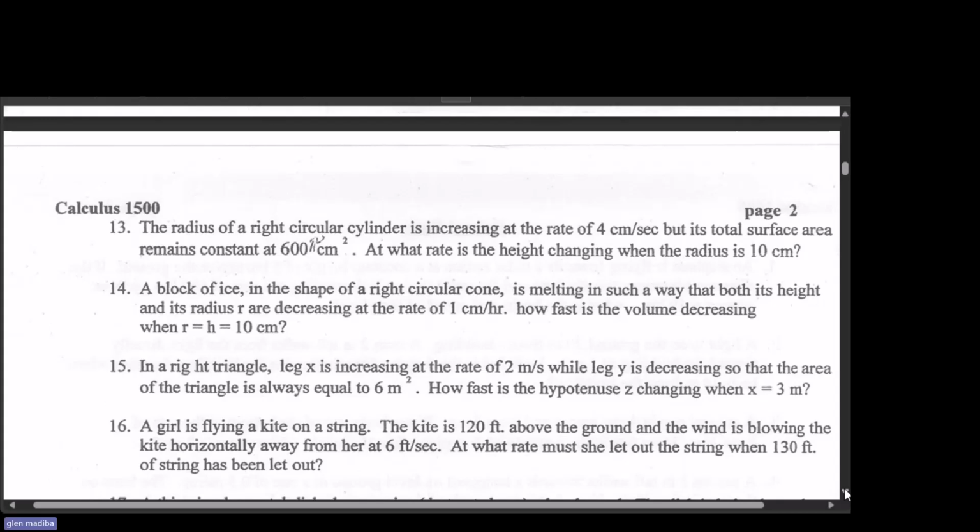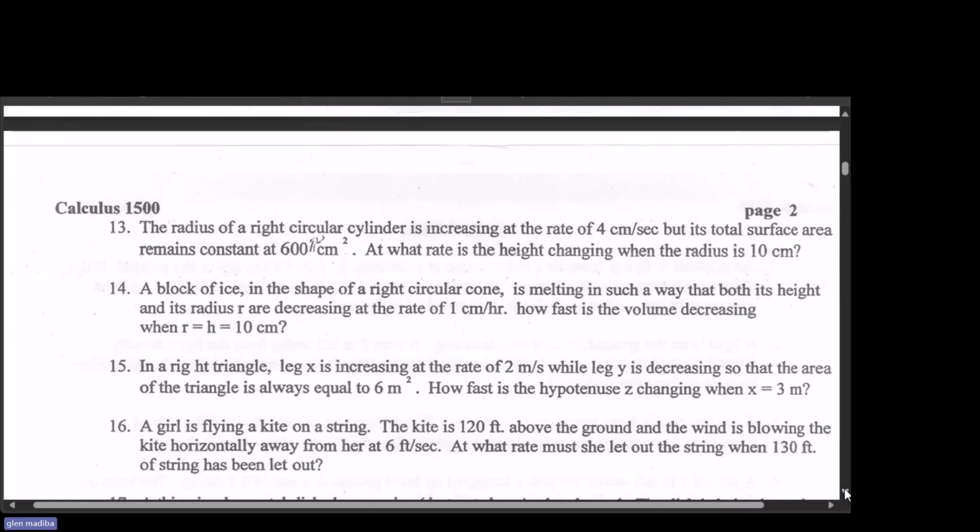Then we know that x is 50 and dx over dt, we agreed, is 6. And then we know that y is 120. The derivative of 120 is 0, so dy over dt is 0.